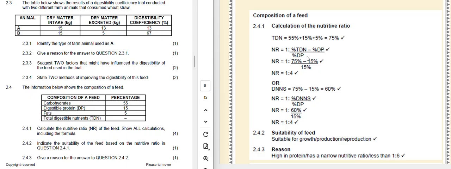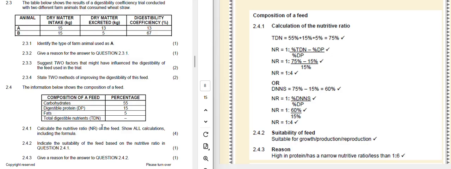But here the problem is that we don't have the TDN, the total digestible nutrients. So if we don't have this, that means we have to find a solution.